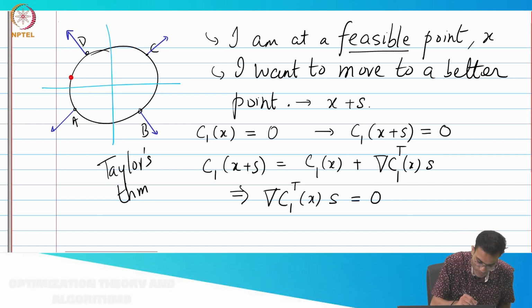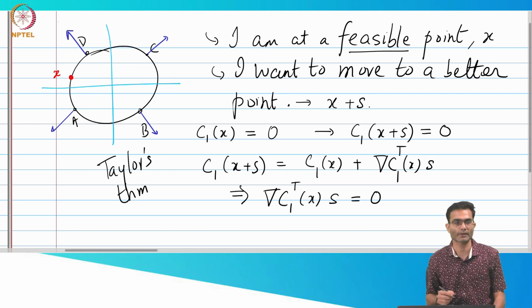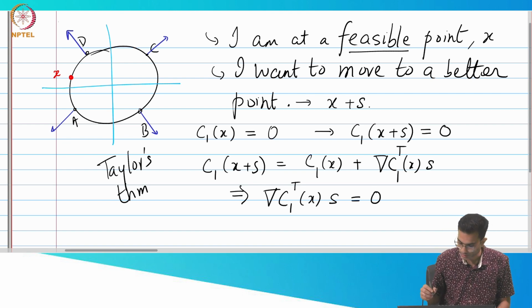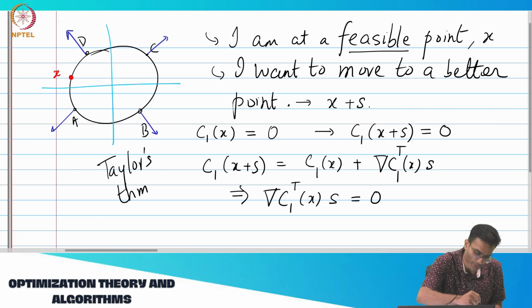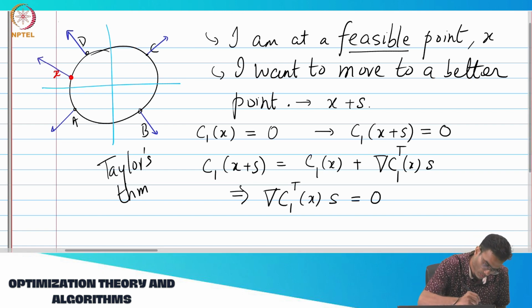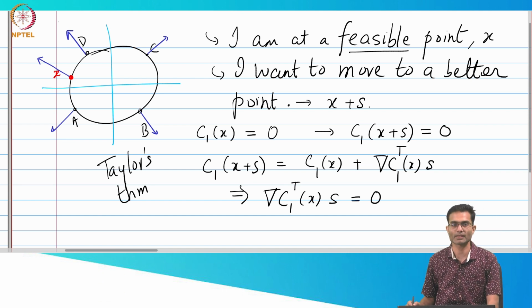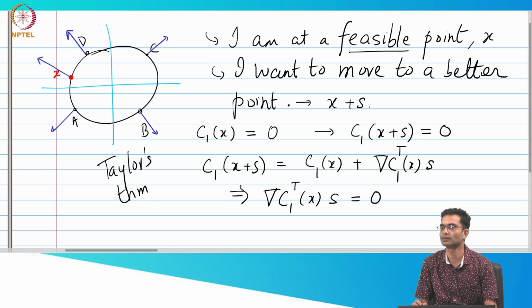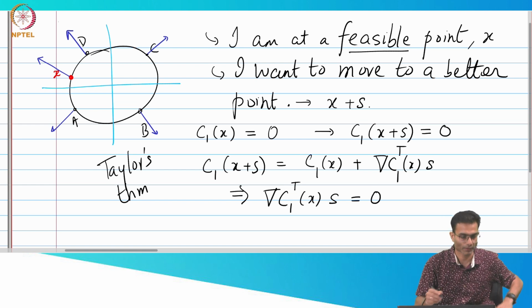Let us say I am at this point. This is my current point x. Now grad C1 at this point again is going to be radially outwards. So what is this telling me about where s can lie? The perpendicular line to this, right?